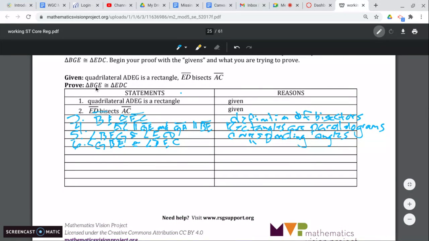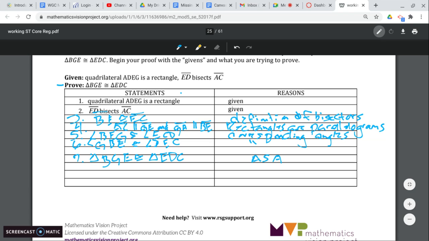So the last statement in your proof, I'm going to skip a space so you can actually read it, is always going to be your proof statements. This is always the last line of your proof under statements. So triangle BGE is congruent to triangle EDC, and we said it's by angle, side, angle.